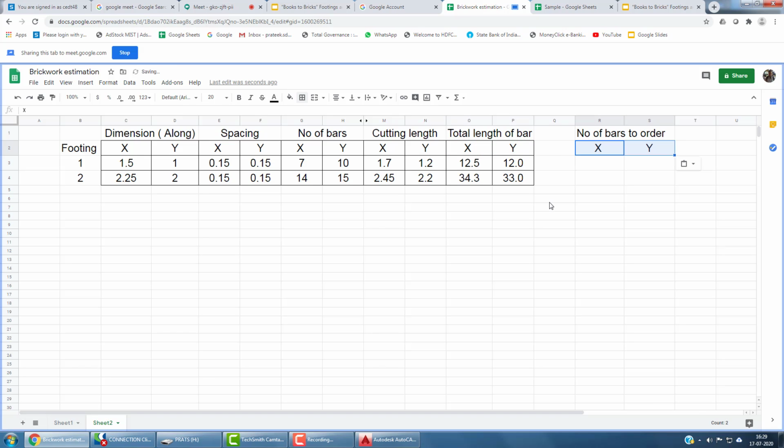What is the standard length of one bar? In terms of meter, it will be better, since we are doing in terms of meter. I don't know which brand of bar you use, Bharat and Nishka. The standard length is actually 12 meters.